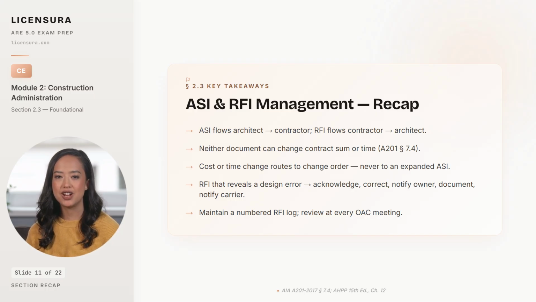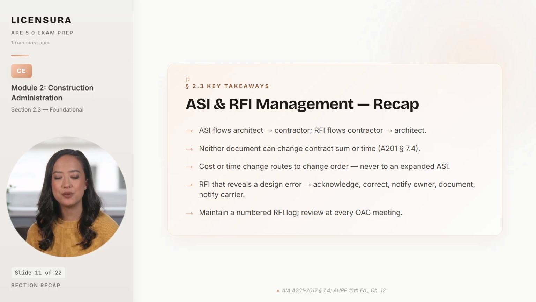Neither document can change the contract sum or the contract time per A201, Section 7.4, and the parallel language in Section 4.2.11. And the architect who issues an ASI that quietly adds cost has exceeded contractual authority. When a clarification would add cost or time, the matter routes to a change order, full stop. There is no expanded ASI that captures the change.